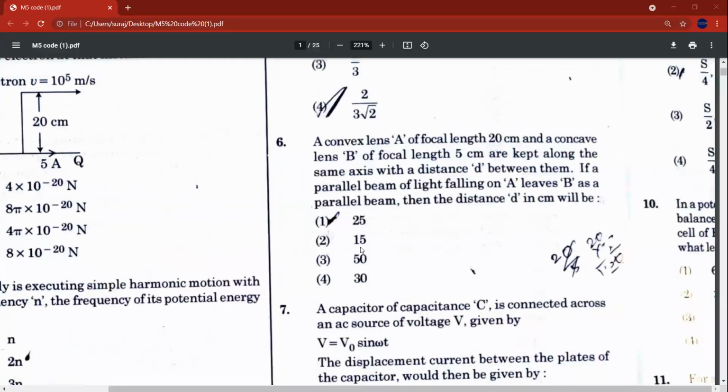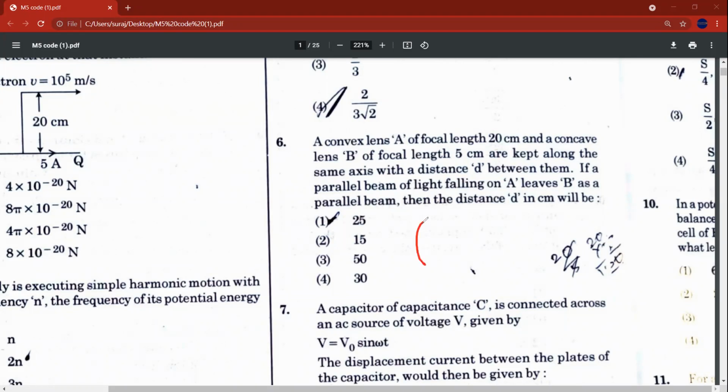A convex lens A of focal length 20 centimeter and a concave lens B of focal length 5 centimeter are kept along the same axis with a distance d between them.